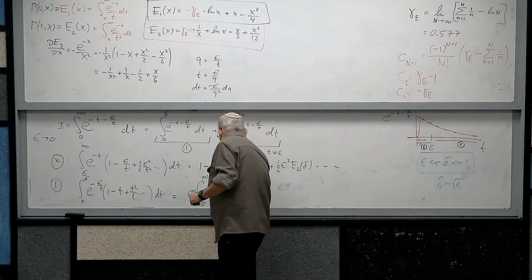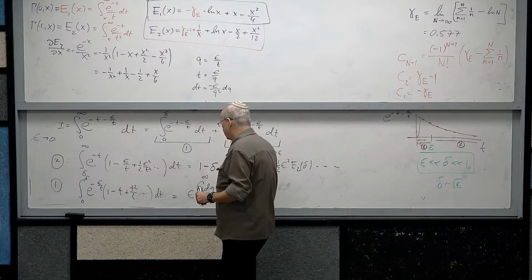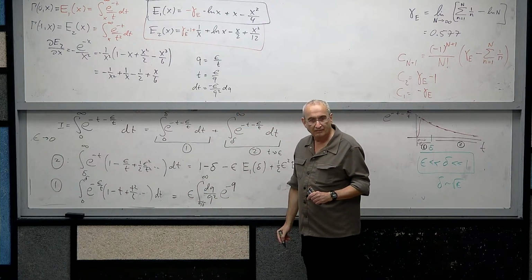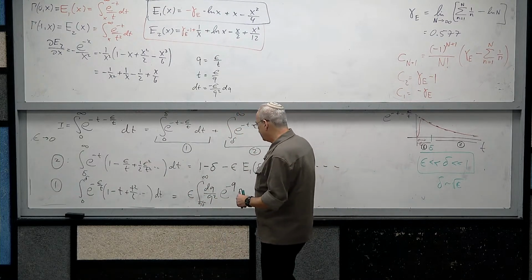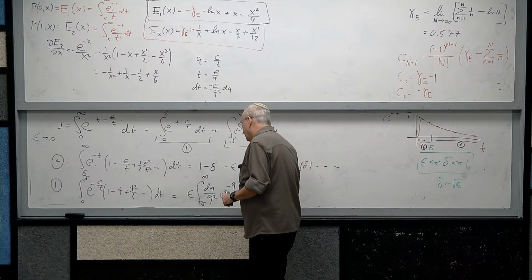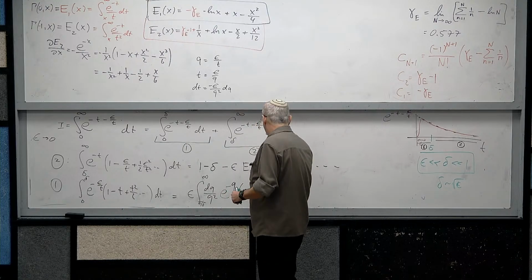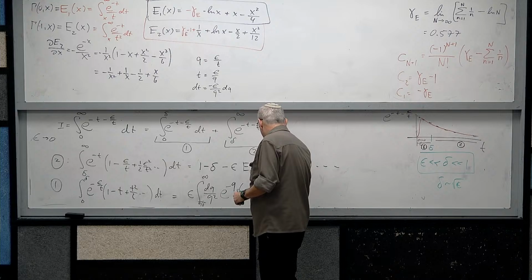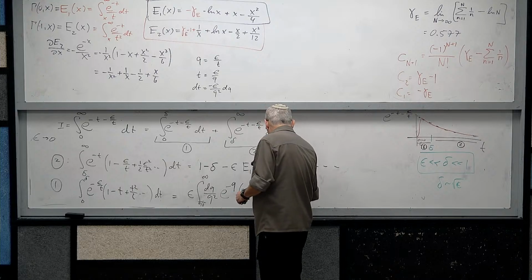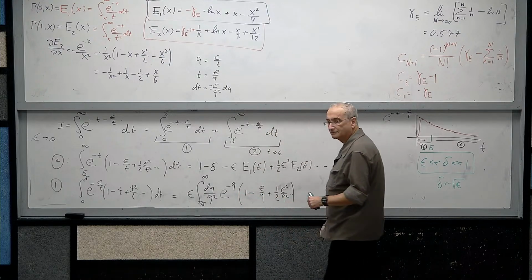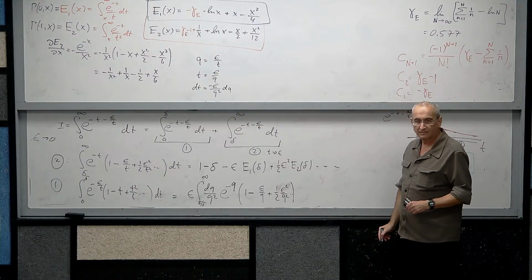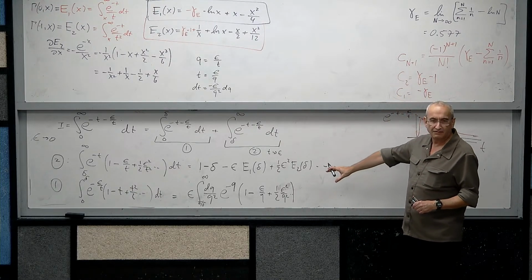And now I have e to the minus q, and here I have 1 minus t, where t is epsilon over q plus 1/2 epsilon squared over q squared. This was just a change of variables, nothing more.